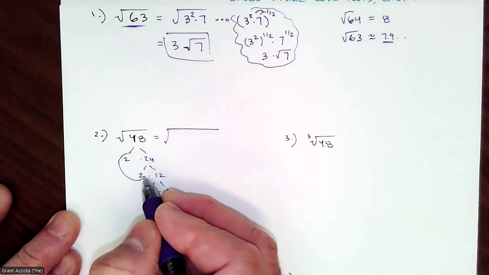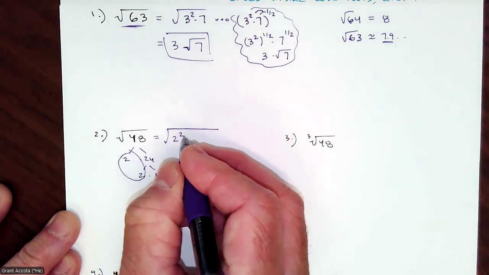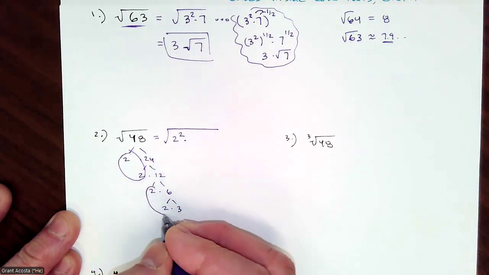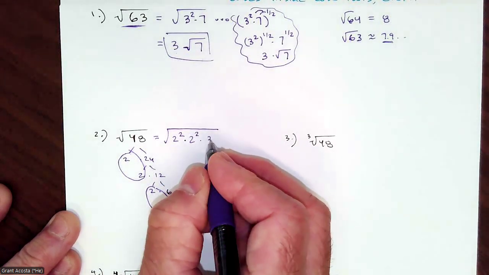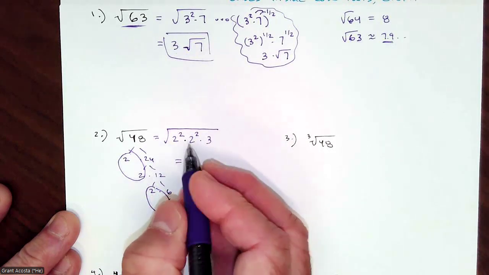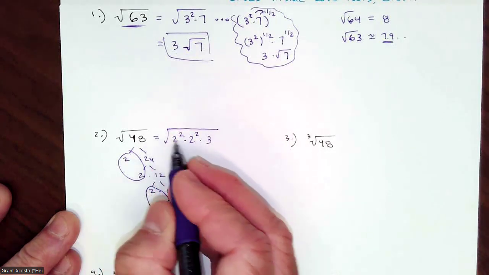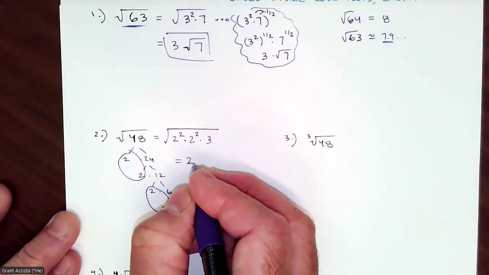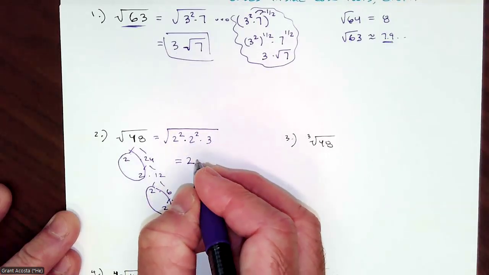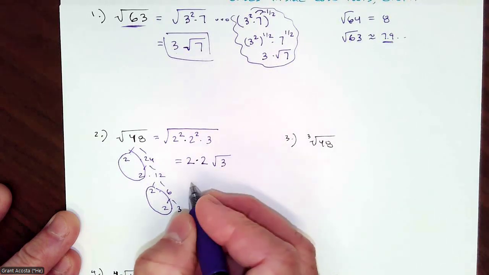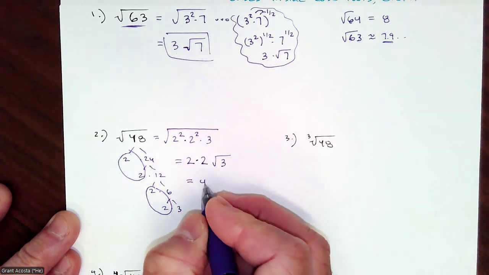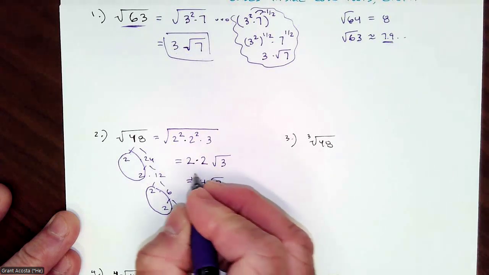I've got a pair of 2's right here, so I could write that as 2 squared. Another pair of 2's right there, so I could write that as another 2 squared, and then I have a lonely 3 here. Anytime we can get the square root of something squared, that can be pulled out as a 2. This can be pulled out as a 2. They get multiplied, and the square root of 3 stays inside. 2 times 2 gives me 4 root 3.